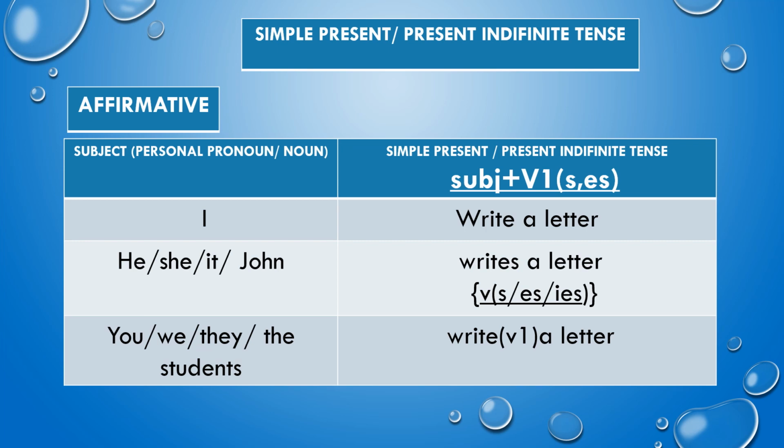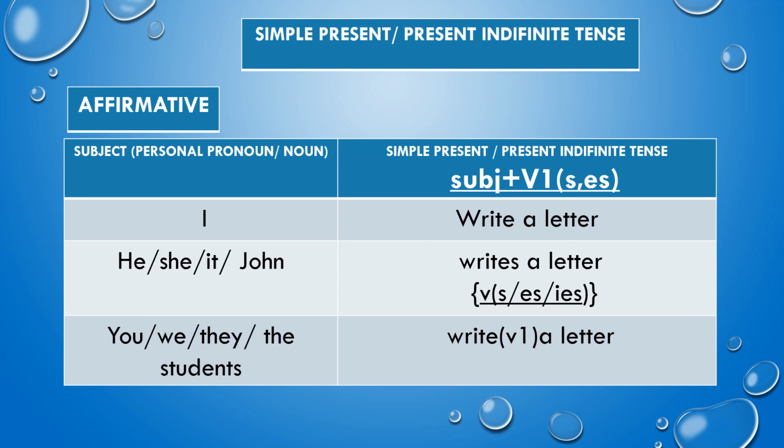It means that if we were to use I, you, we, they, or plural nouns, the students is a plural noun, if we were to use those in a sentence or the equivalent of those, we need not add an es or an s to the verb. But if we were to use he, she, it, or a singular noun, that is John in the example, we have to add an s or an es or in some cases ies to the verb.